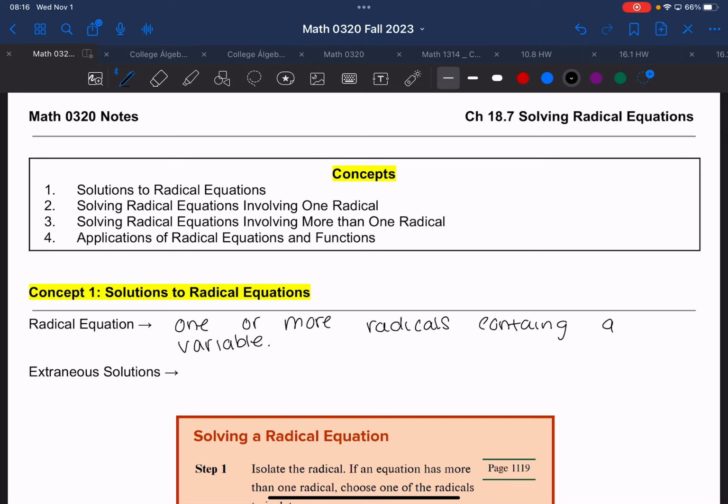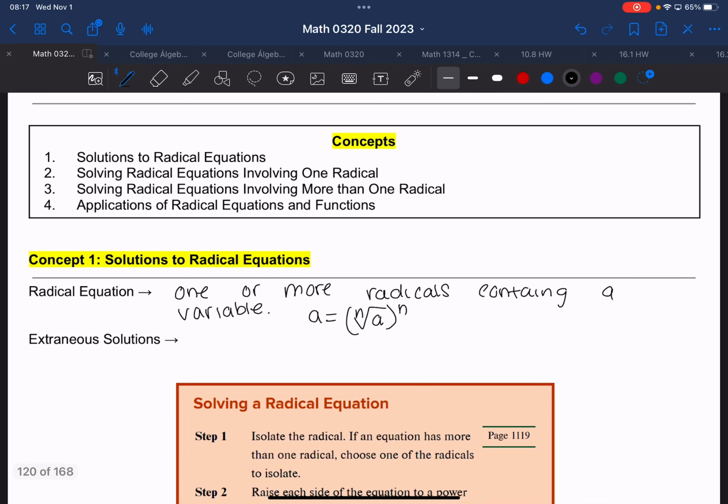For example, we could have that a is equal to the nth root of a raised to the nth power. So it's something we talked about previously, that if we had the matching index with the matching exponent, they cancel out and we're left with whatever is inside of the radical. Okay.